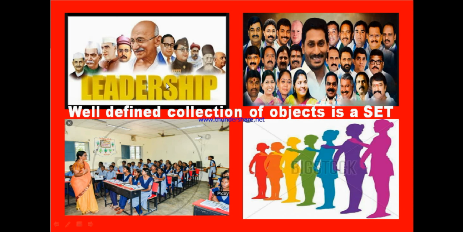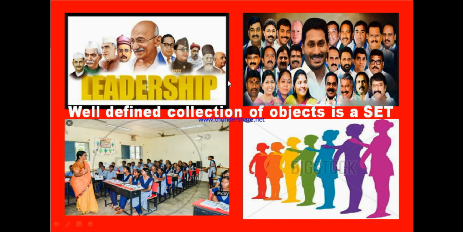Similarly, in this case also, previously we took this as the collection of freedom fighters, then it is well defined. But if we take this as famous freedom fighters of the Indian national movement, then I won't agree.